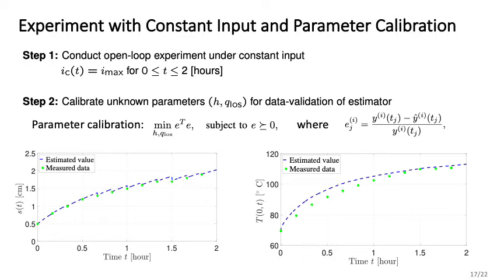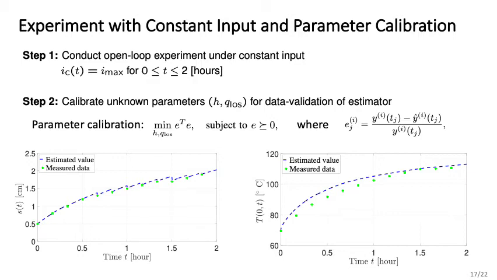First, we conduct an open loop experiment under constant input I equal to I max, the maximum input current, for 2 hours, and collect measured data every 10 minutes in the experiment.